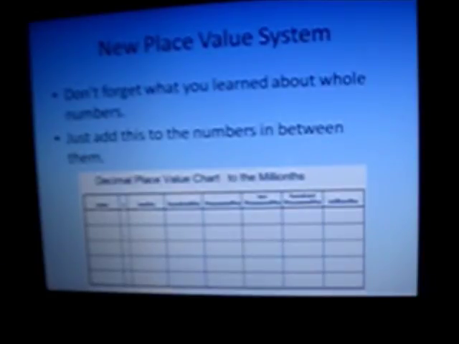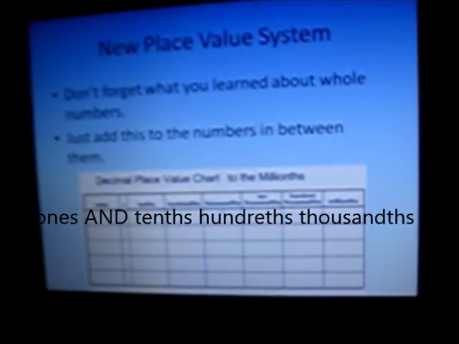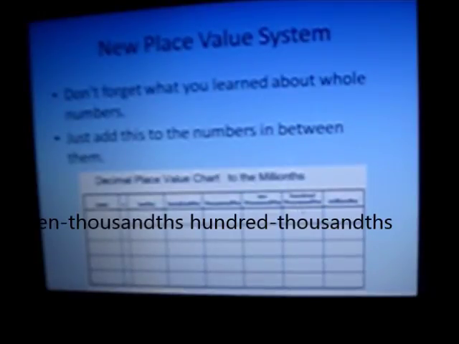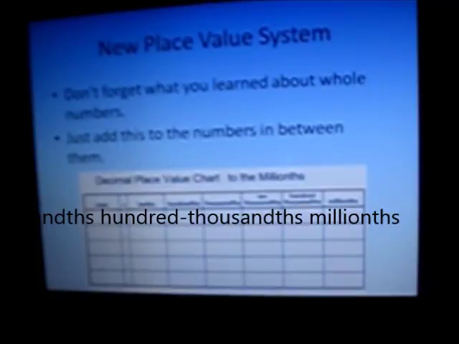Remember, don't forget what you've learned about whole numbers. Just add this to the numbers in between them. You start off with your ones place value, place your decimal, add tenths, hundredths, thousandths, ten thousandths, hundred thousandths, and millionths, and it continues on and on.